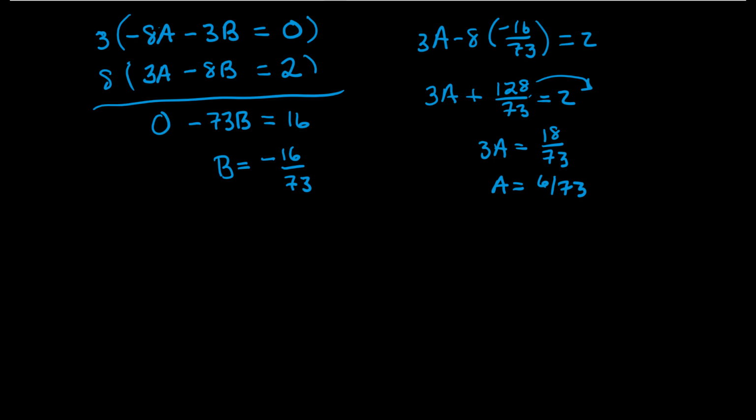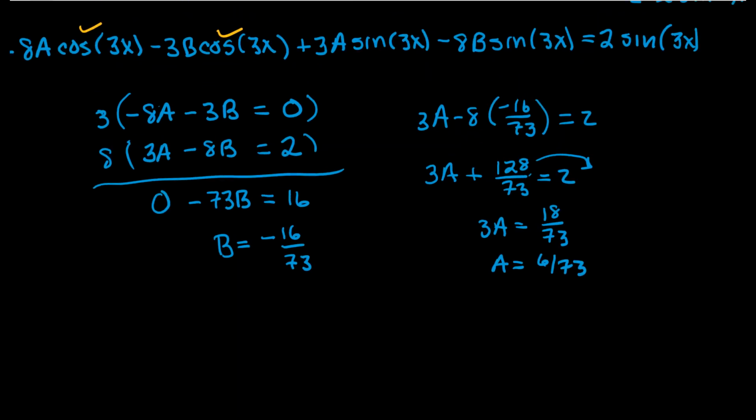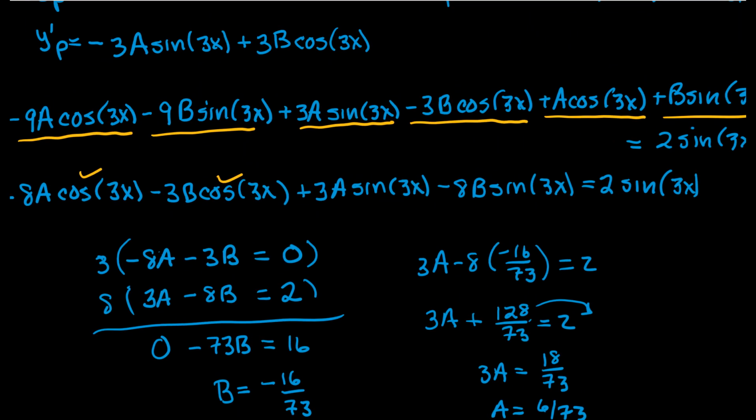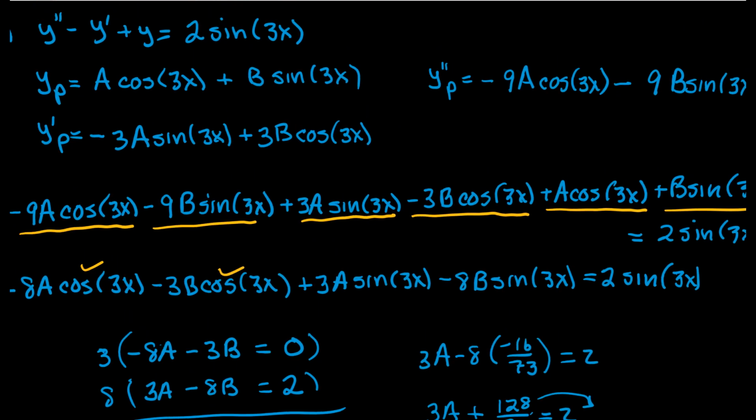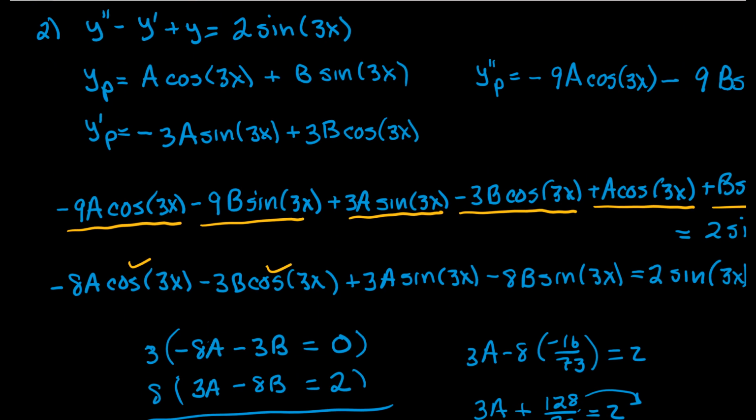Now that I have a value for both a and b, I just need to figure out where the a and the b go. Coming all the way back up to the proposed particular solution, and that proposed particular solution is right here.